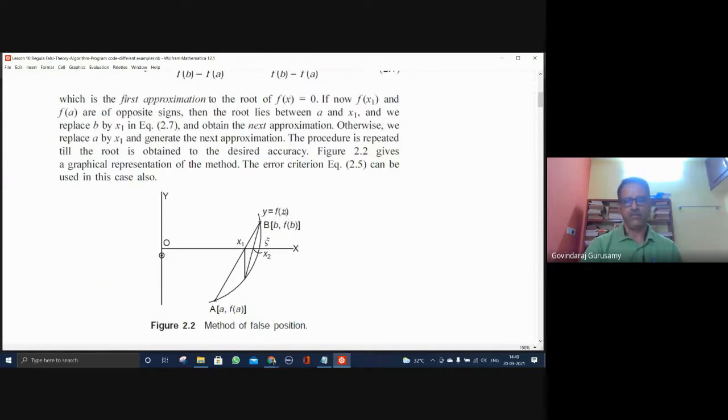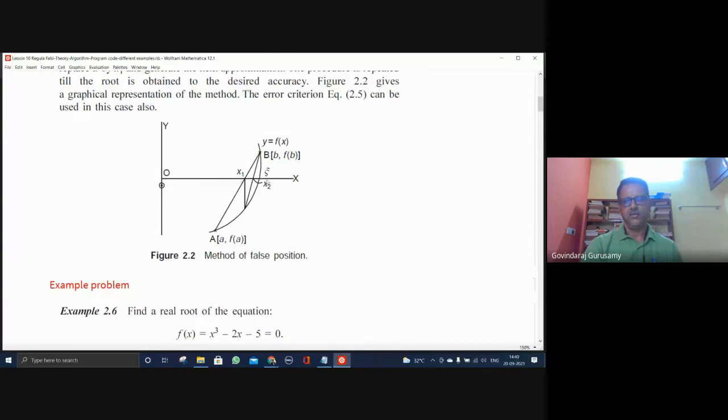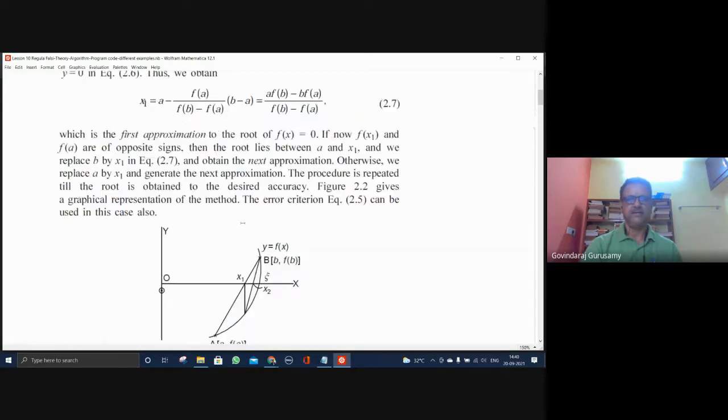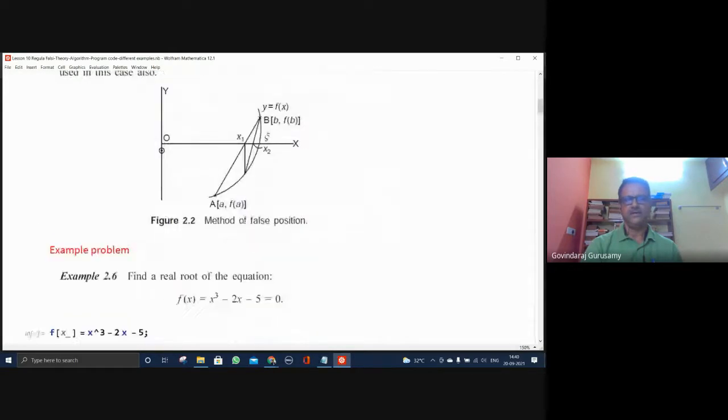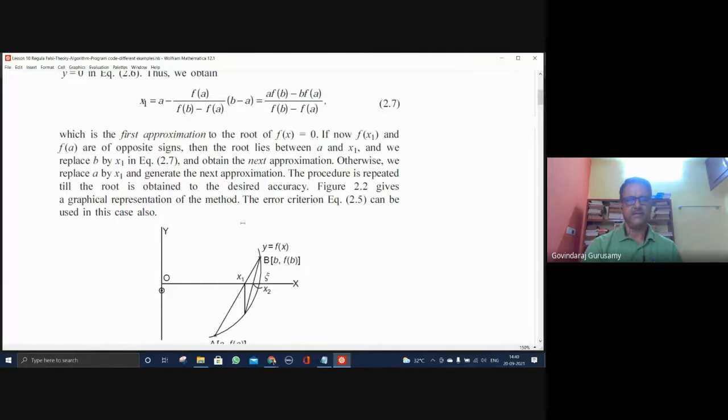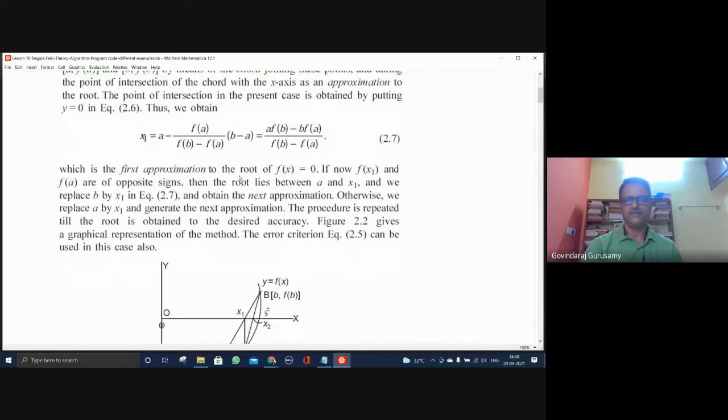With that, we can move the chord toward the point where y of x goes to 0. That's the point we require, that is the root of this equation.